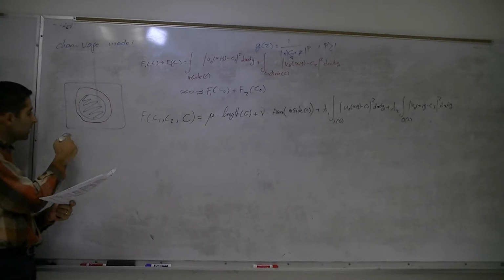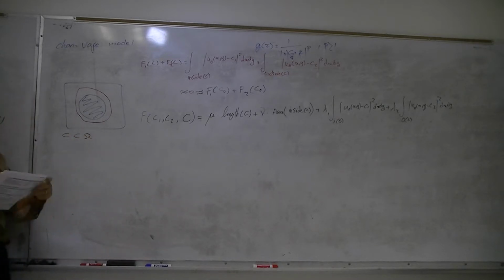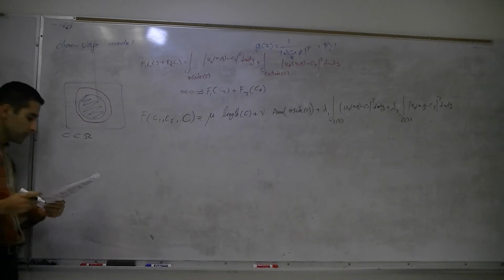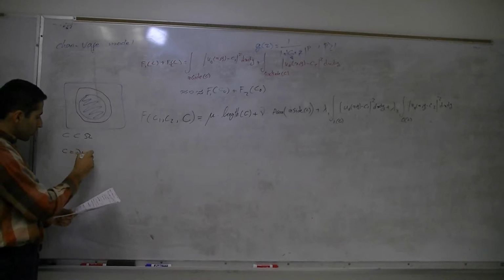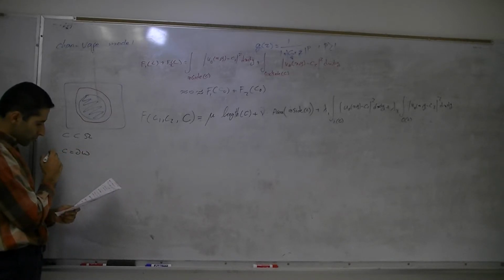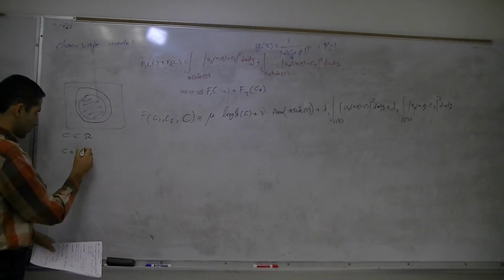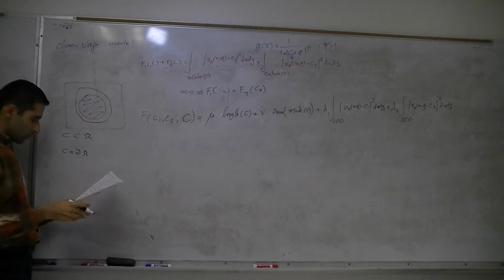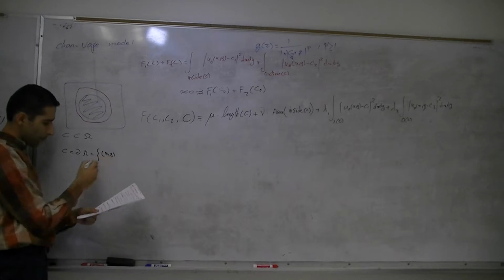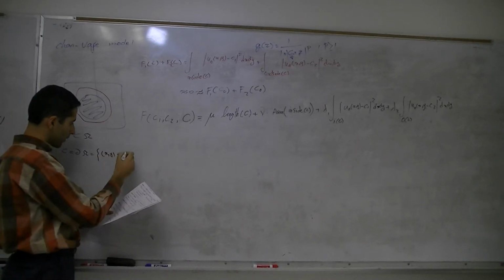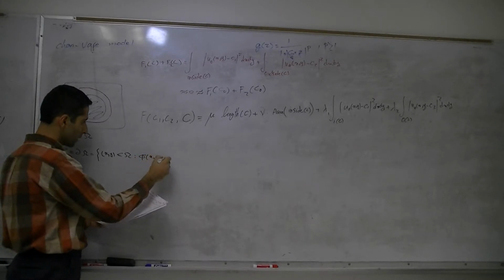We have a C, which is the curve that is inside the image, and C is equal to the set of points x, y on the image, in omega, where the function phi x, y is equal to 0.